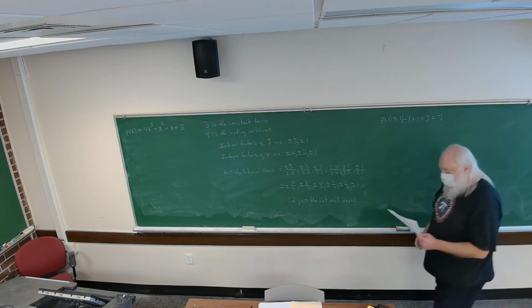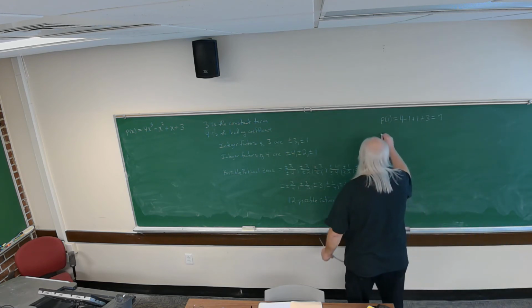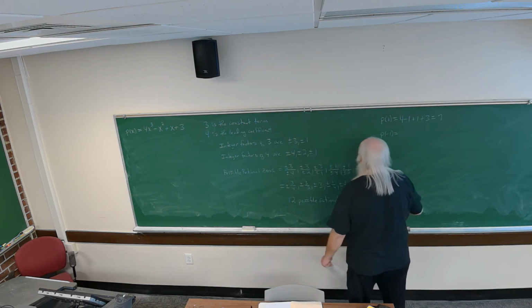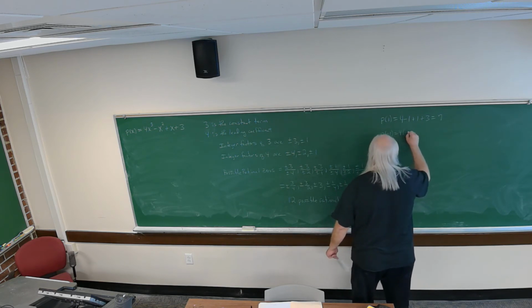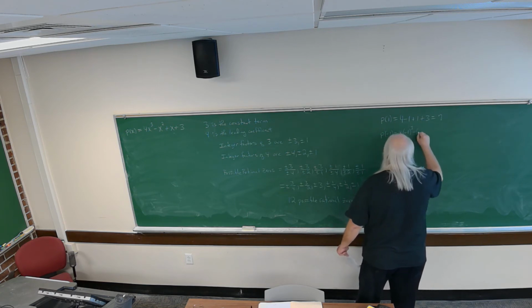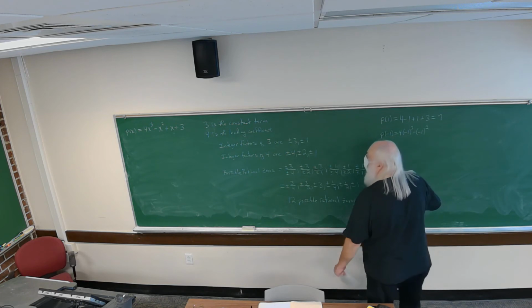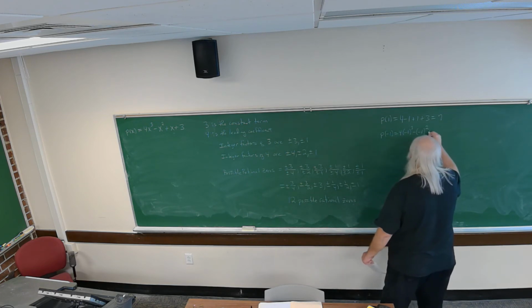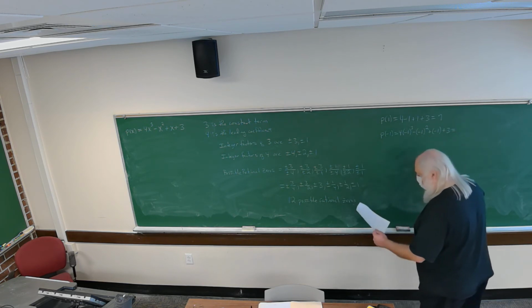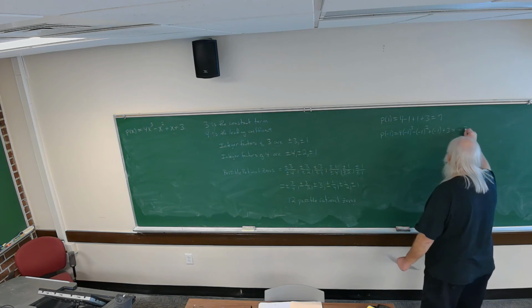Okay. And then I did x equals minus 1. And so when I put in minus 1 for x, I get 4 times minus 1 cubed minus 1 squared plus minus 1 plus 3, and I got minus 3.